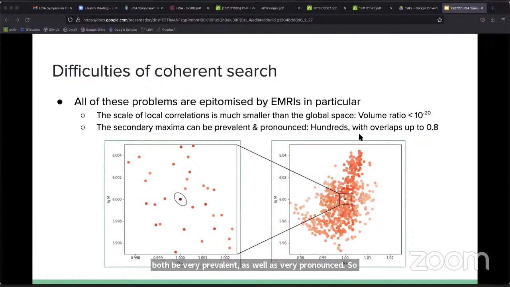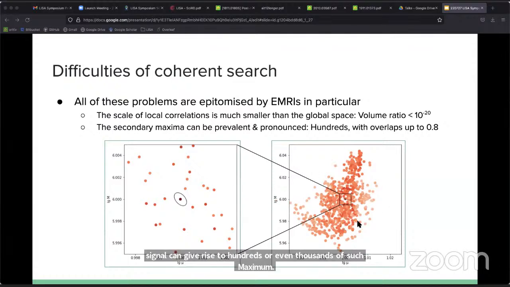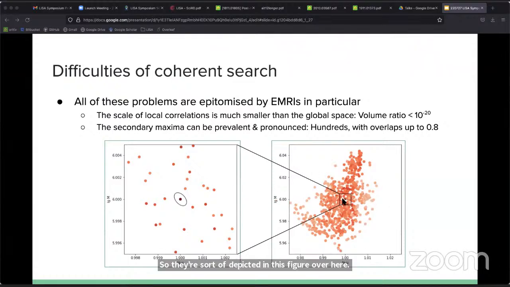So in the study with Kurt, we found that a typical MRE signal can give rise to hundreds to even thousands of such maxima. So that's sort of depicted in this figure over here. And furthermore, the overlaps of all these non-local templates with the signal can be as high as 0.8. So essentially, they look like different sources with 80% of the actual source SNR.